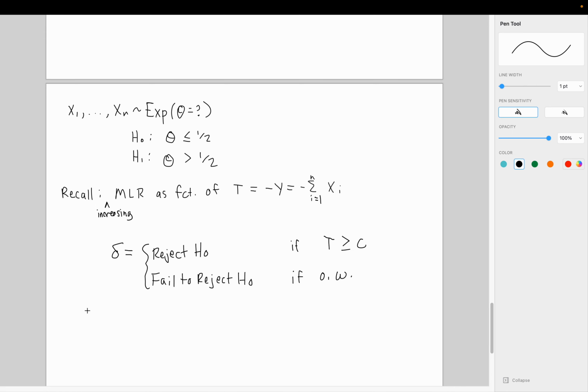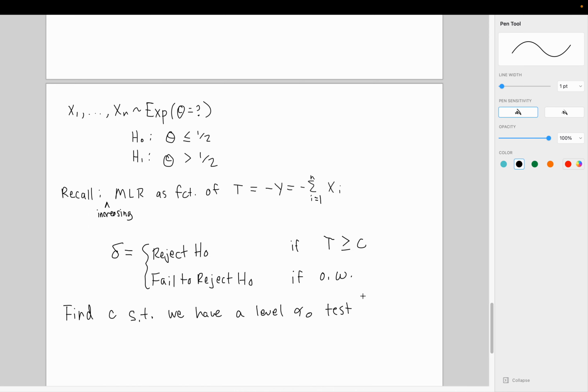Now we want to pick c such that we have an alpha level test. So find c such that we have a level, I'm going to say alpha sub naught test.